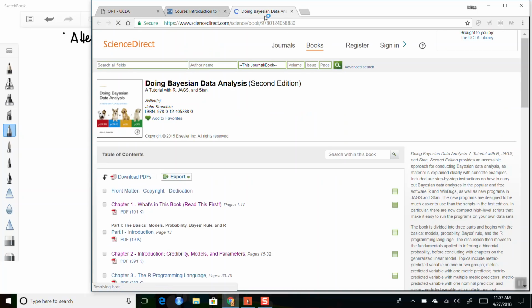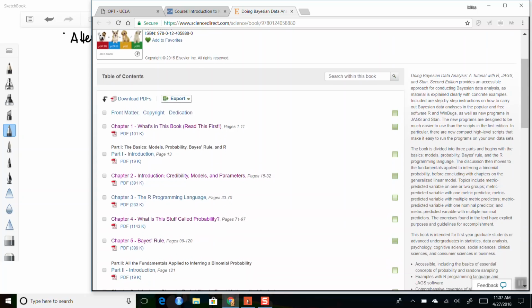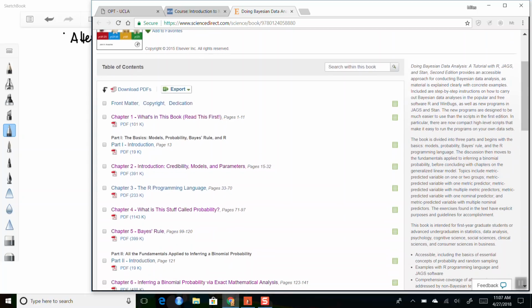It's free for students going to UCLA. It's got puppies on the cover. It's a good book. I think it's very clear and accessible for undergraduates, and I like the guy. Plus each chapter starts with a poem, which is fun. Little limerick.